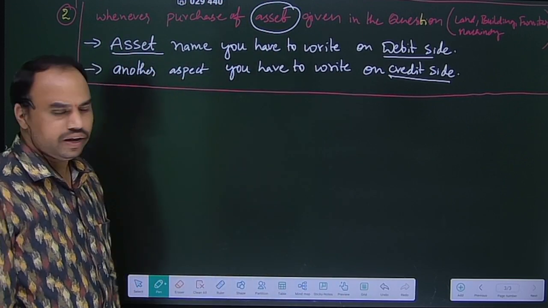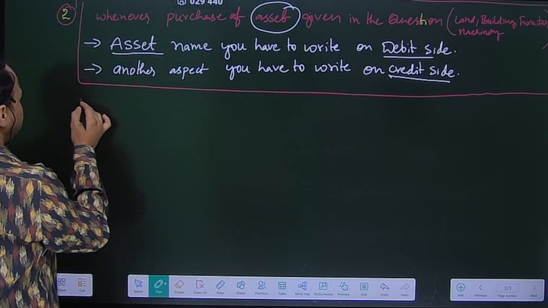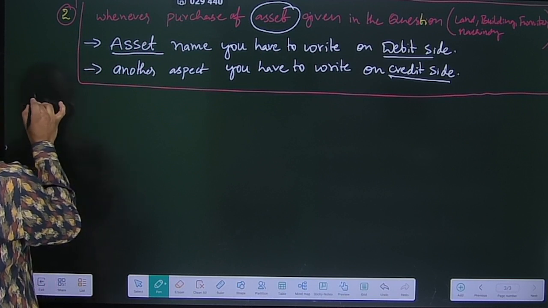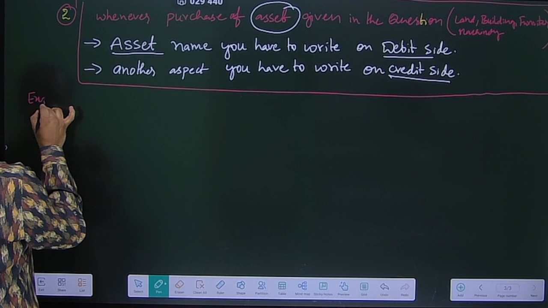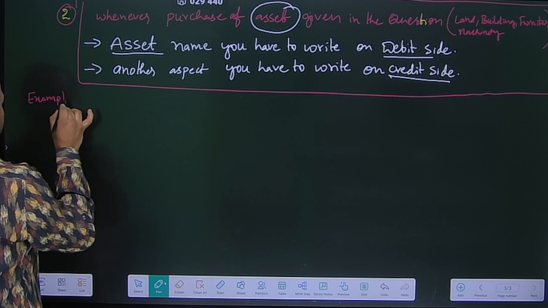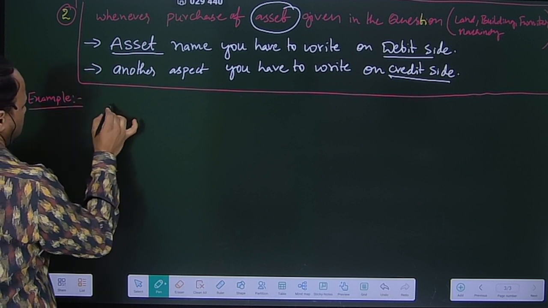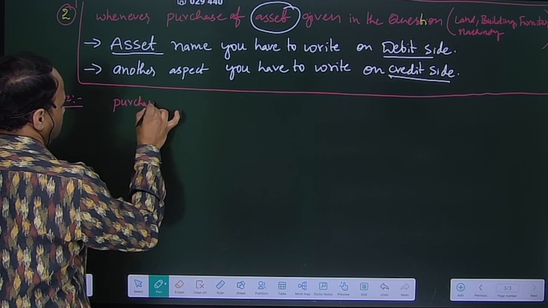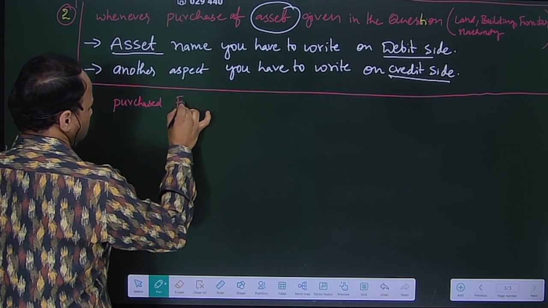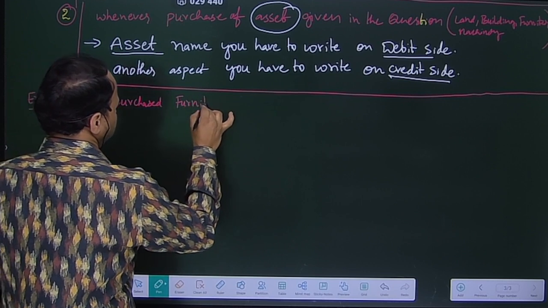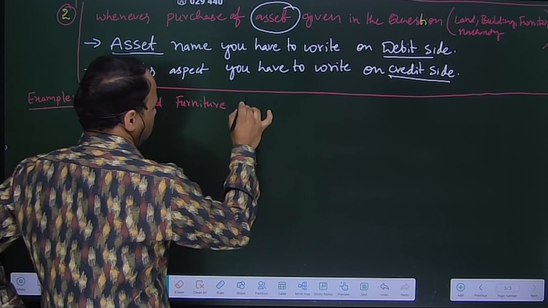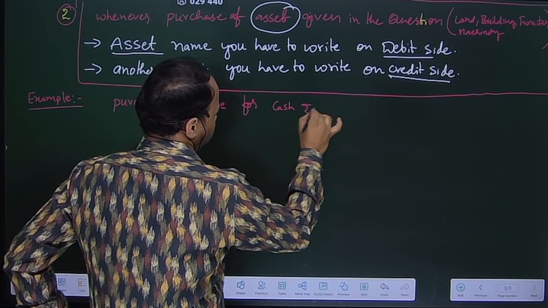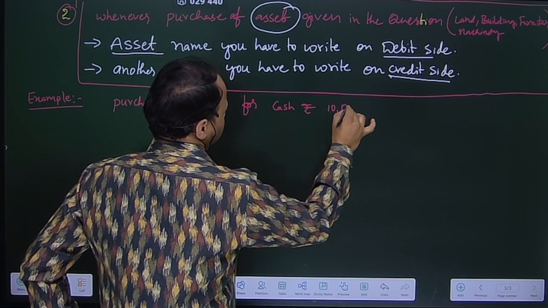Now we will see some examples. Purchased furniture for cash, rupees 10,000.